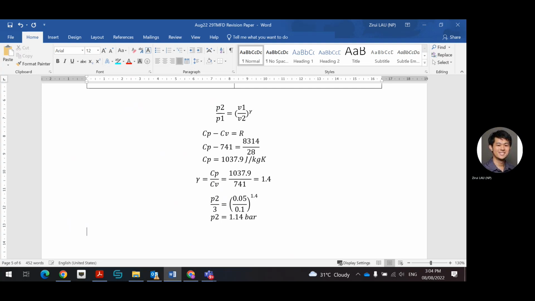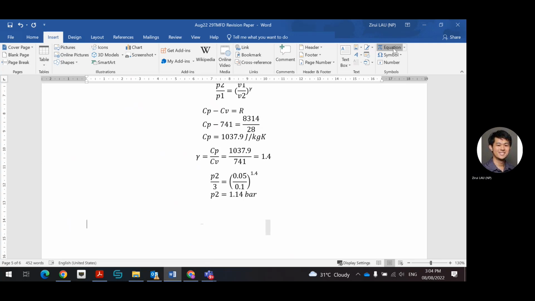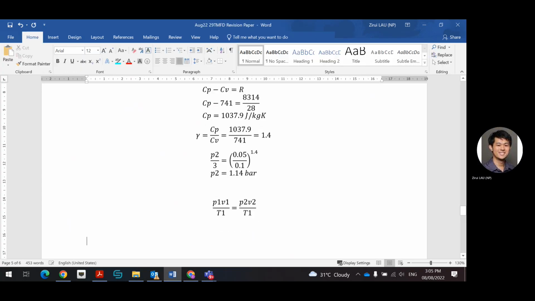So next, we'll find out T2. I will just use my P1 V1 over T1 is equal to P2 V2 over T2.